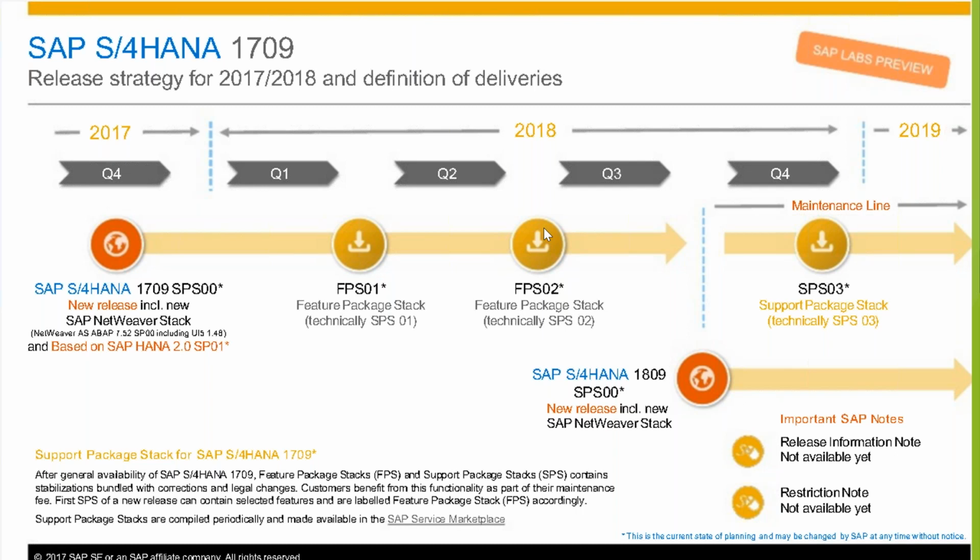So always what SAP will think about is they'll keep the process whatever they initially came up with from 1603 or 1503, and they'll upgrade it.